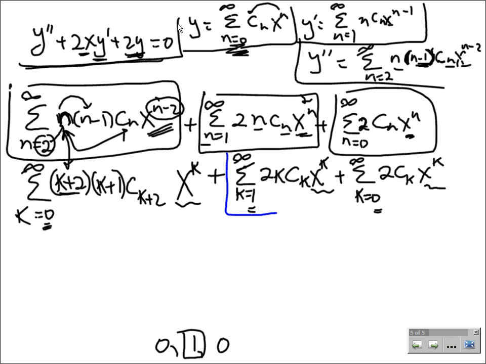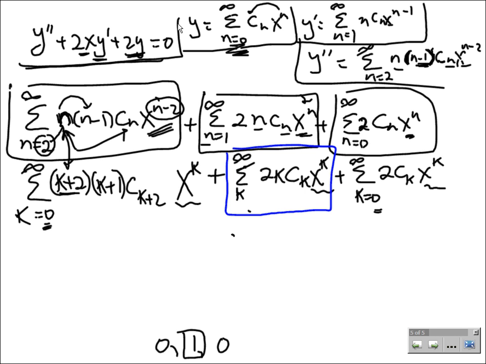I don't have to do anything with that term. Now, we can be a little bit slick here and know that we can always add 0.